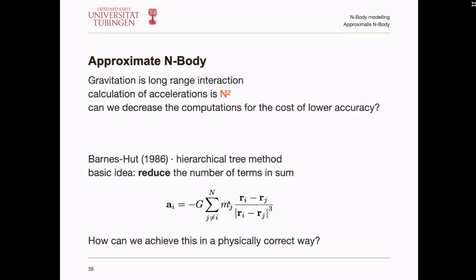And the question is, how can we do this in a physically correct way so that we don't make an error so that the whole simulation is wrong? The basic idea is now on the following slides, I want to present the basic ideas of this hierarchical tree method as introduced by Barnes and Hut.